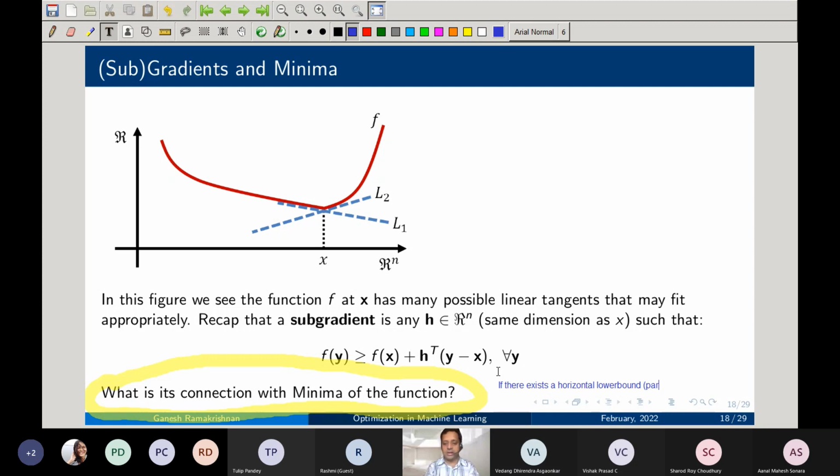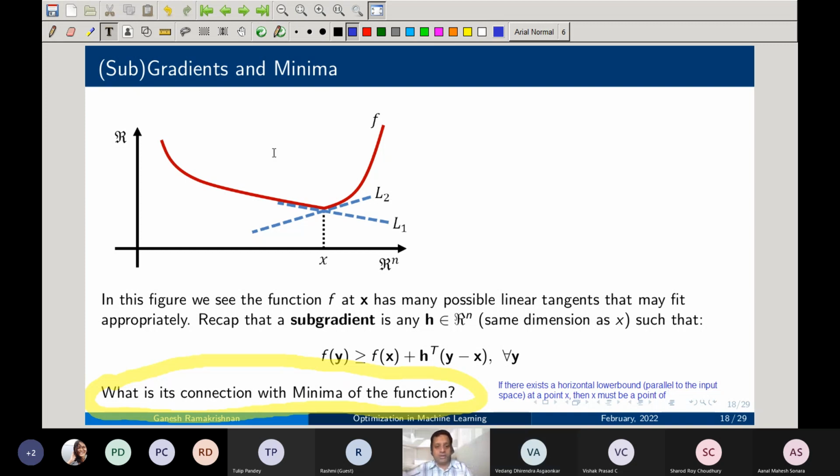A horizontal lower bound parallel to the input space, at the point of minimum. Then you're saying x must be a point of local or global minimum? It should be local, because unless we are assured the function is convex, we can't.